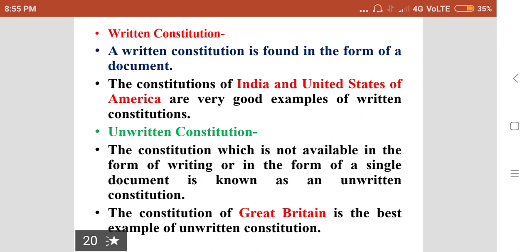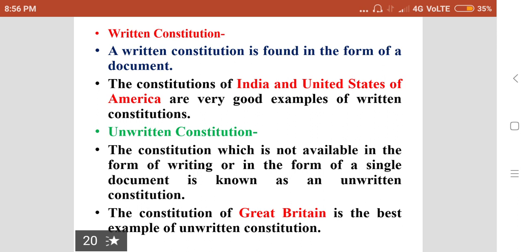Why? Because our constitution is in the form of text. We can read each and every aspect of the Indian constitution. So it is available in the form of a black and white document. In the same way, the Constitution of United States of America is also available in the form of a document. So these are the two best examples for written constitution.